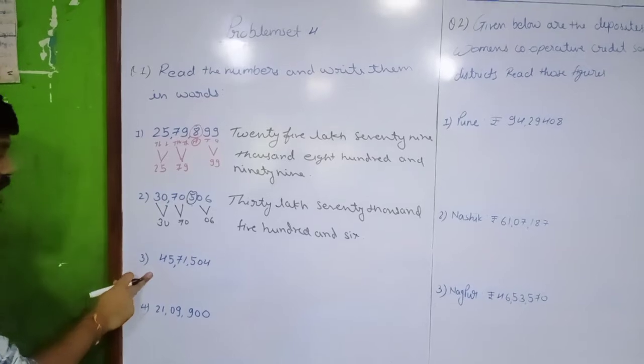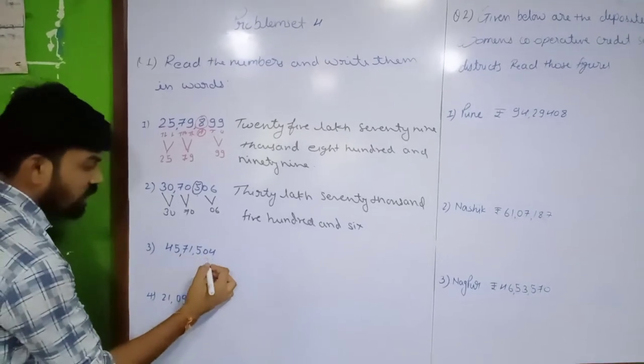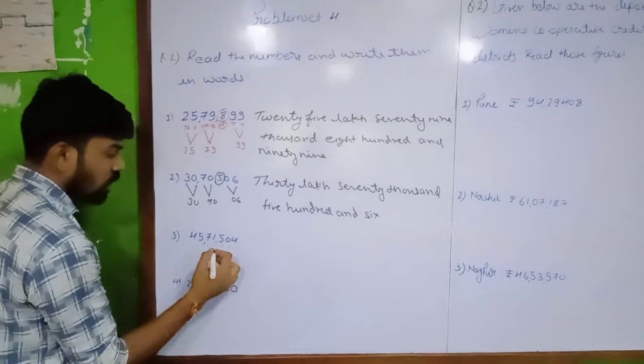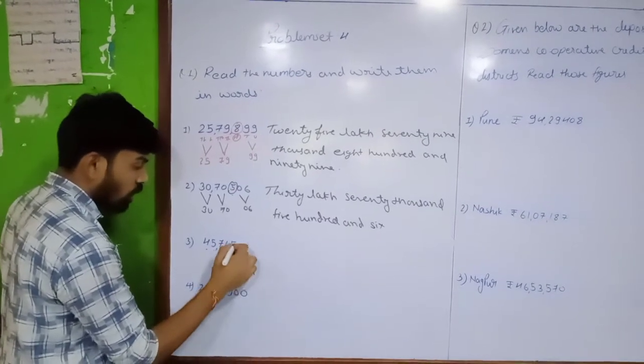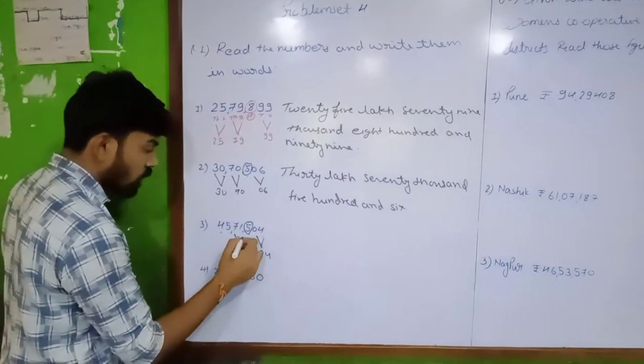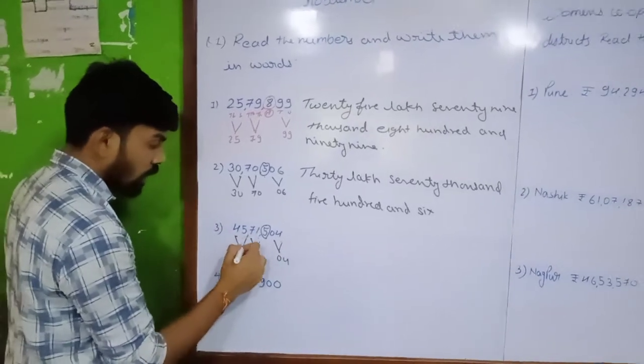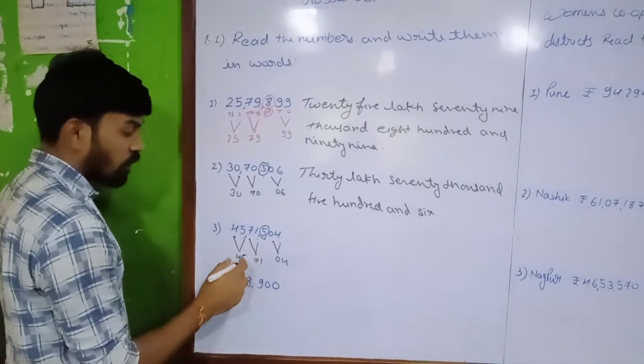The next one is again units, tens, 100, 1000, 10,000, lakh, 10 lakh. Units and tens together 04, 100 individual, 1000 and 10,000 make 71, lakh and 10 lakh together 45.